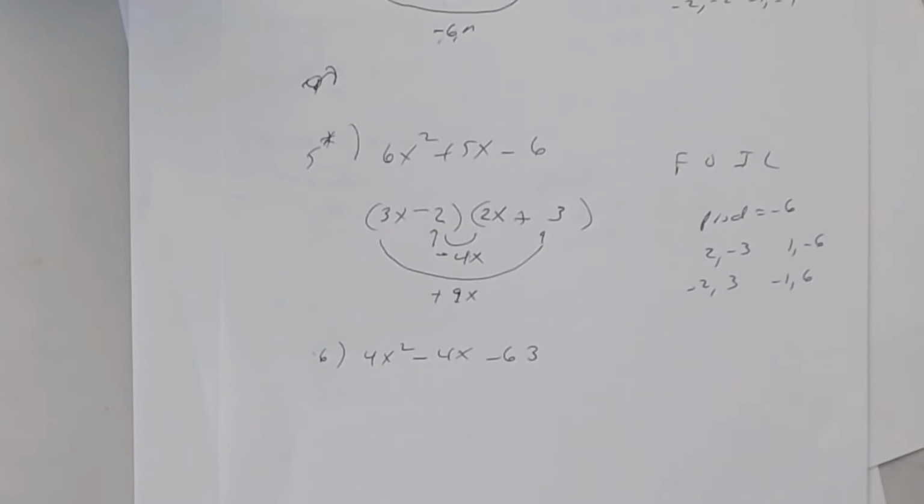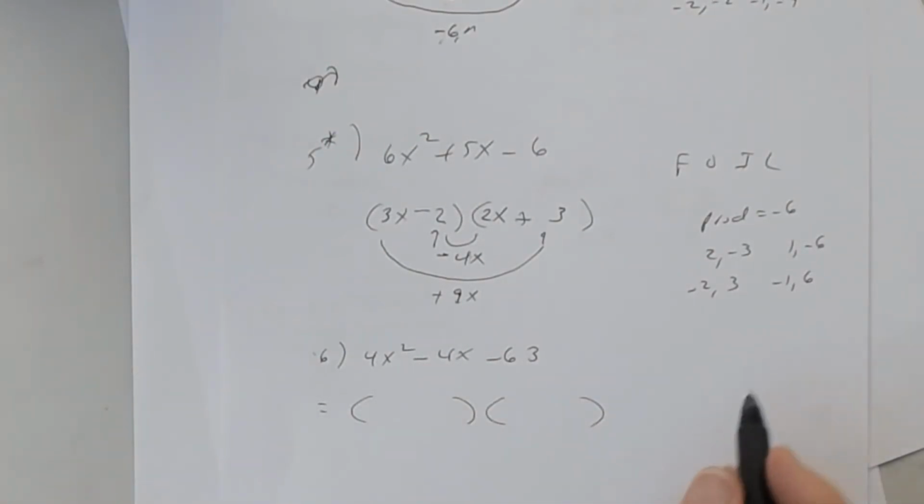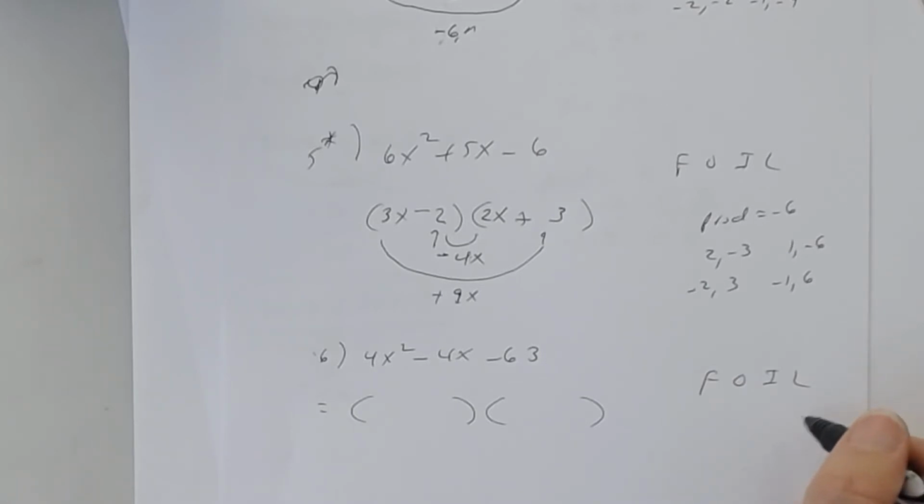What's the GCF? 1. It's in descending order, so I'm going to go directly to the two binomials. FOIL. Let's do the F first.